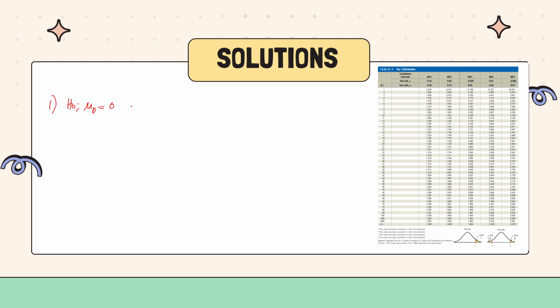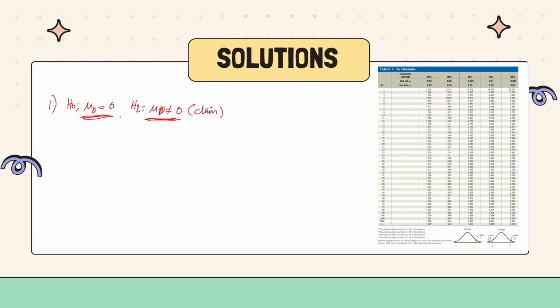So therefore, our H1 is that mu d is not equal to 0. So there's no difference, the difference is equal to 0, or the difference is not equal to 0. It is stated, can it be concluded that the cholesterol level has changed? So this is our claim.